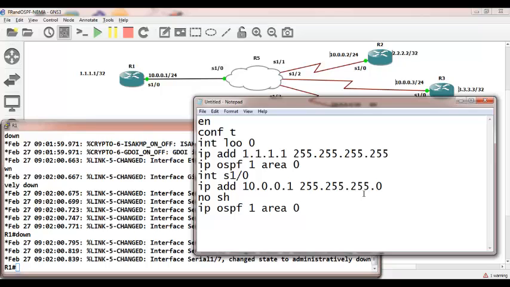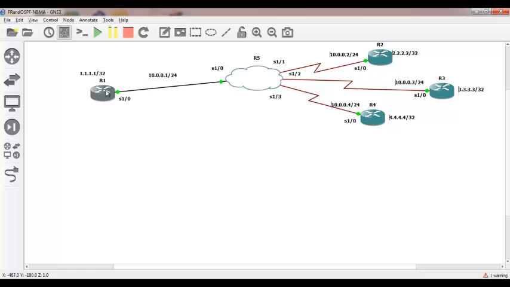On serial links, there is something called clock rate. The clock rate is to say how fast the packet should pass through the serial link. For that, one side of the serial wire will be called DTE, the other side will be called DCE.